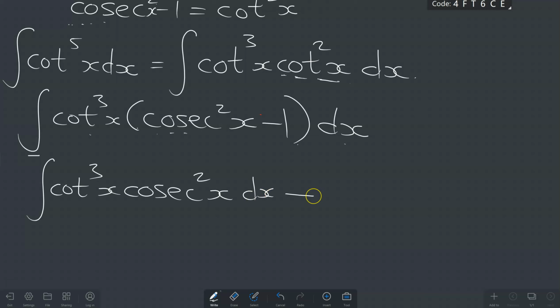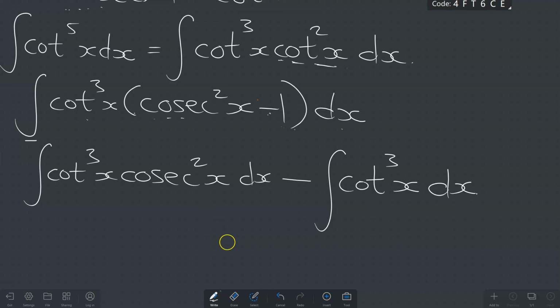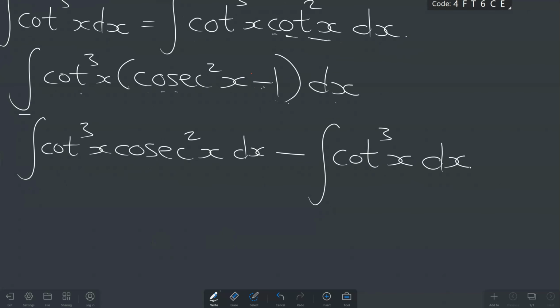Then minus, from the negative sign, the integral of cot cubed of x dx, since we multiply it with the 1. So we now have something like this.